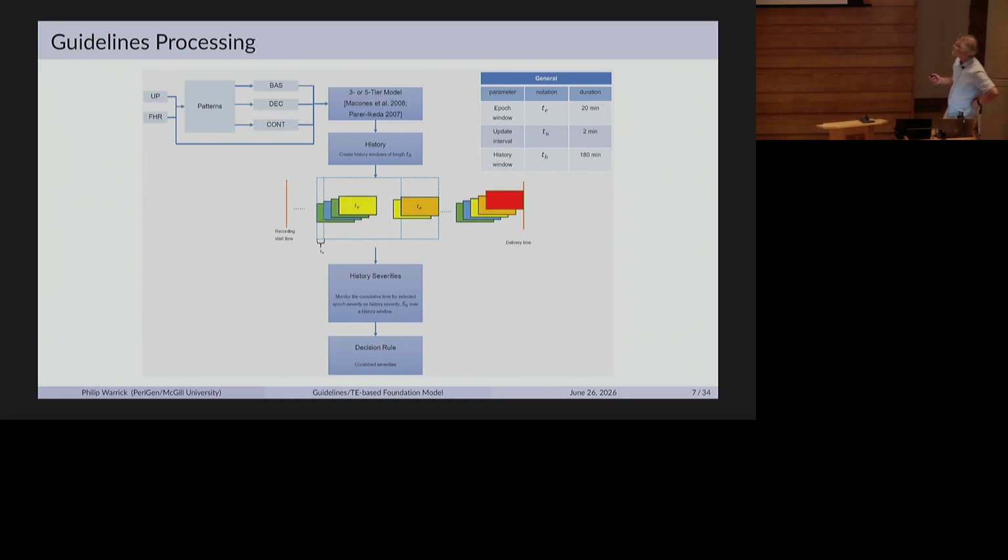So we push this through either the 3 or the 5-tier models, and we come up with a history of 20-minute windows, advancing every 2 minutes, and we look back 3 hours to accumulate the durations of each color over that past 3 hours. And at some point we have to decide how to interpret these colors.